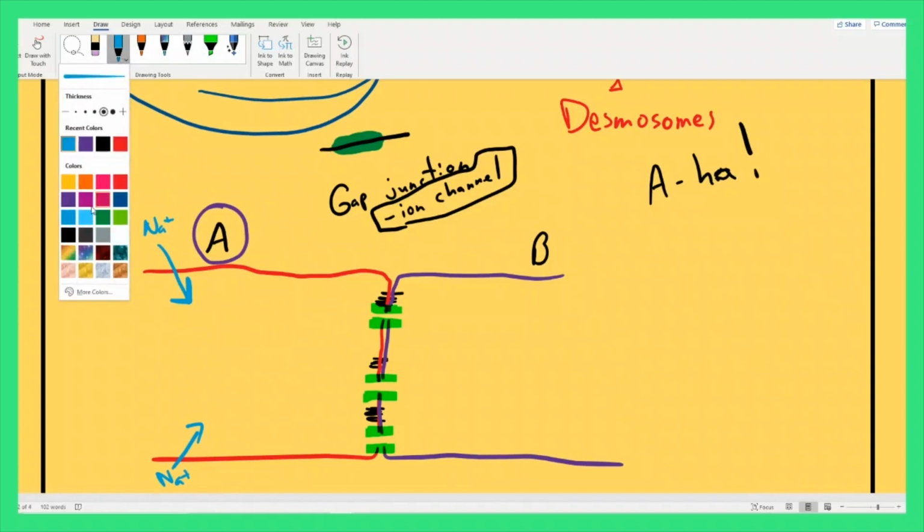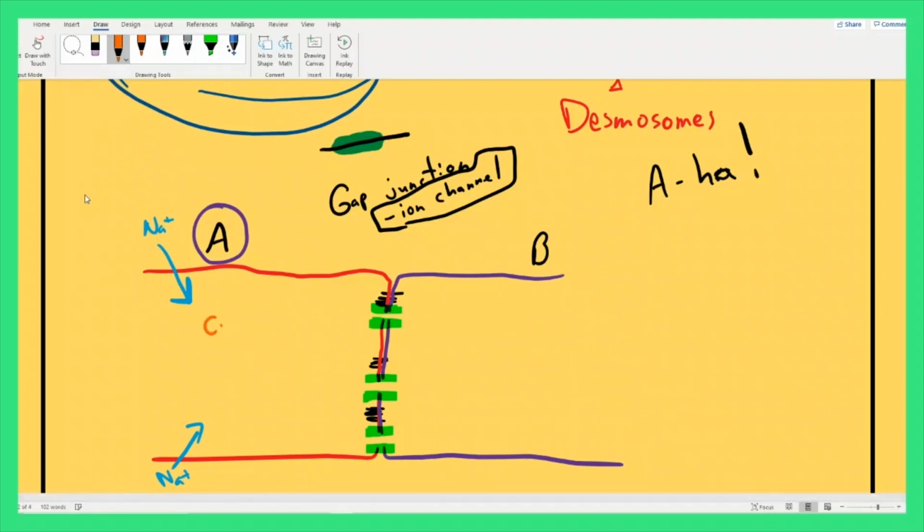Wouldn't calcium be getting let loose from the sarcoplasmic reticulum out into the cytoplasm? And for cardiac muscle cells, wouldn't some be coming in from the outside through voltage-gated calcium ion channels? Right?